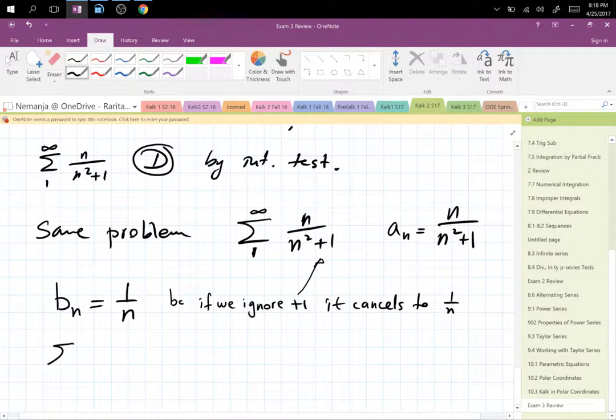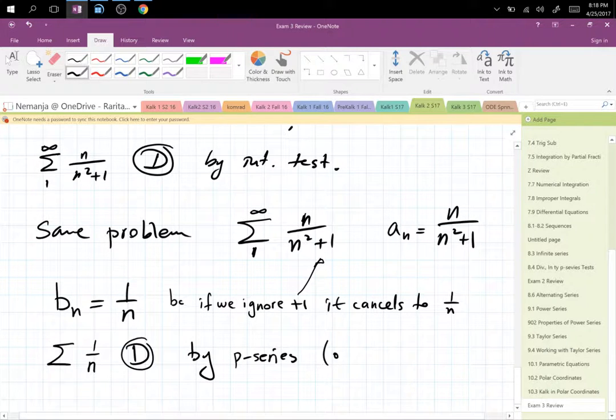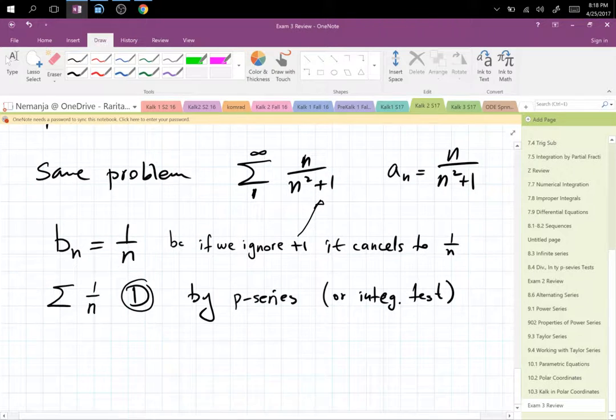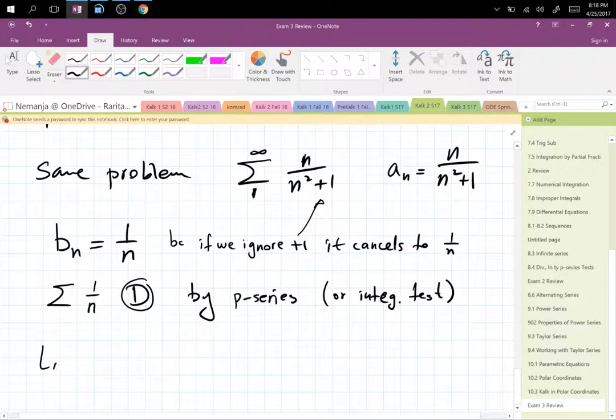Now I know that the summation of 1 over n diverges, by the p-series or by the integral test, whatever. So now we can do limit comparison real quick, where you take your original problem, which is n over n squared plus 1, and divide, oh, I forgot the limit.